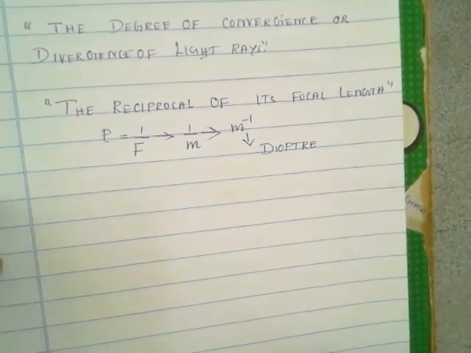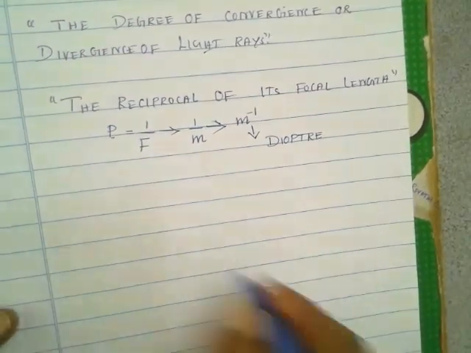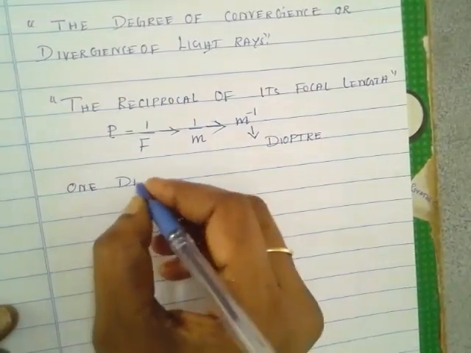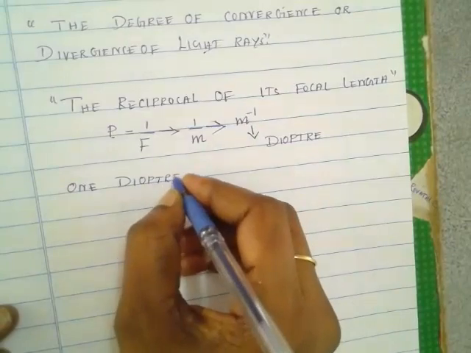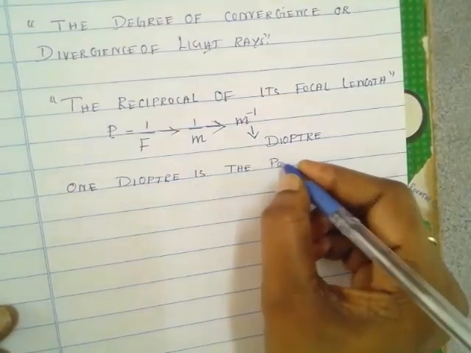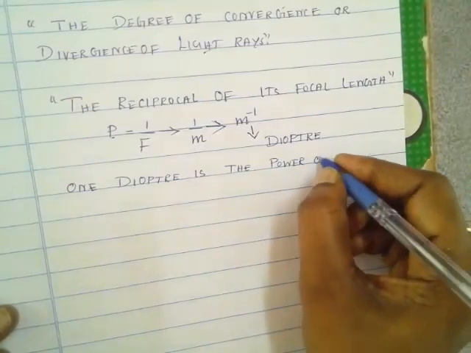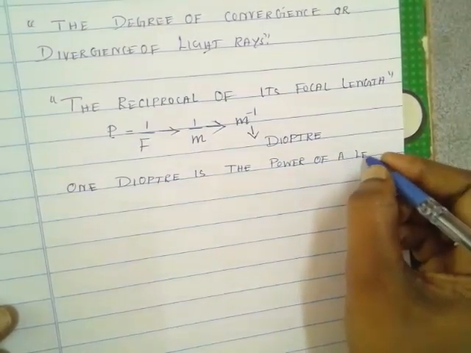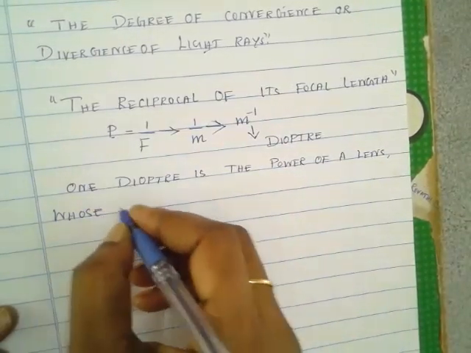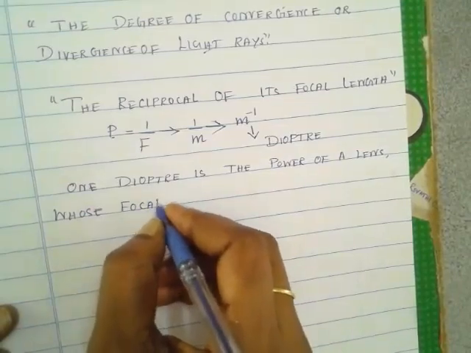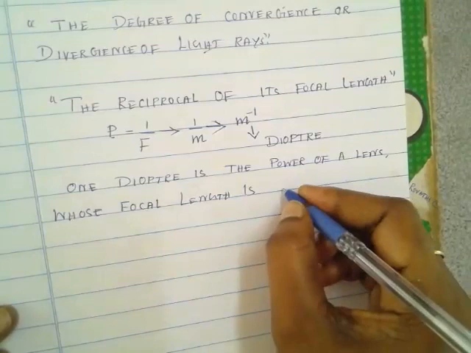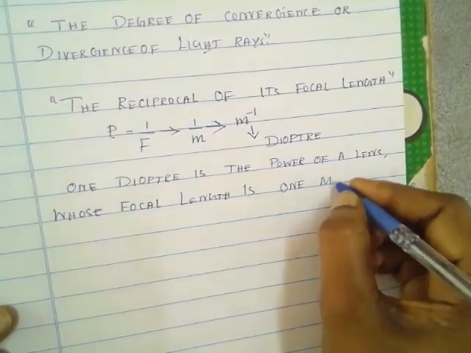Now I am going to define diopter. One diopter is the power of a lens whose focal length is 1 meter.